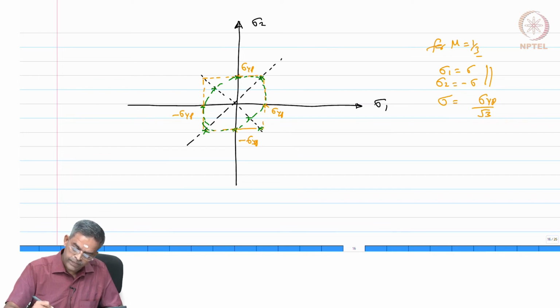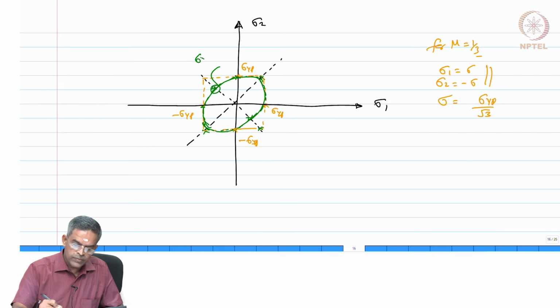This is the envelope. So, this value is sigma yp by root 3, whereas these values are sigma yp, okay.